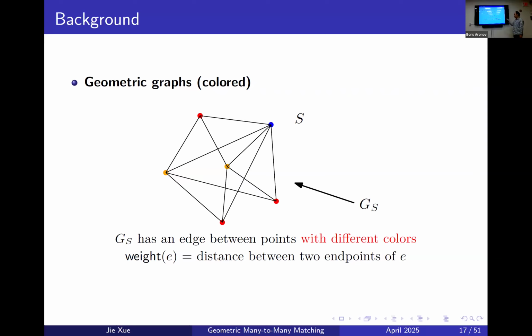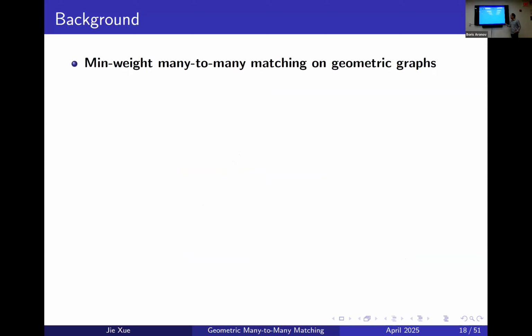And again, the weights are just the Euclidean distance, or any other distance under another metric. So in this way, you have a more general type of geometric graph. You can call it a color geometric graph.